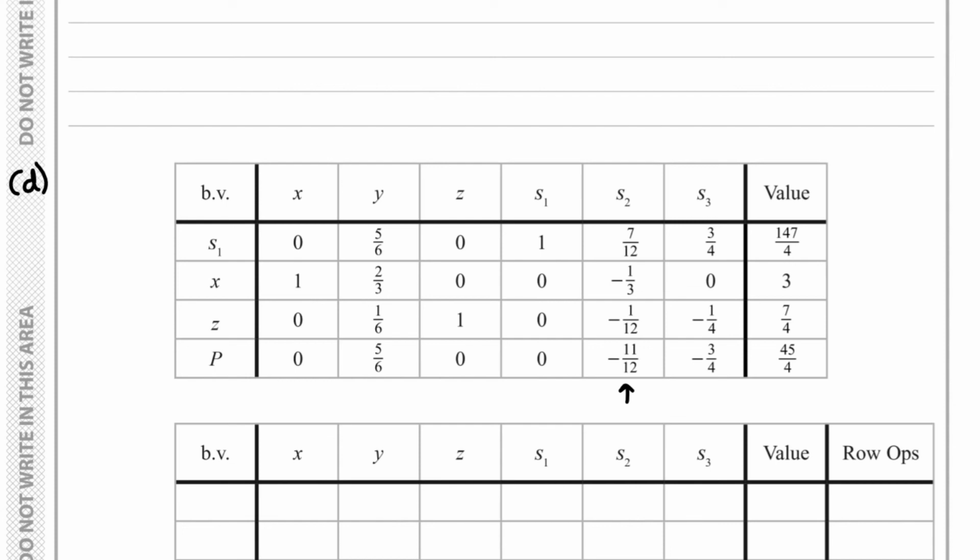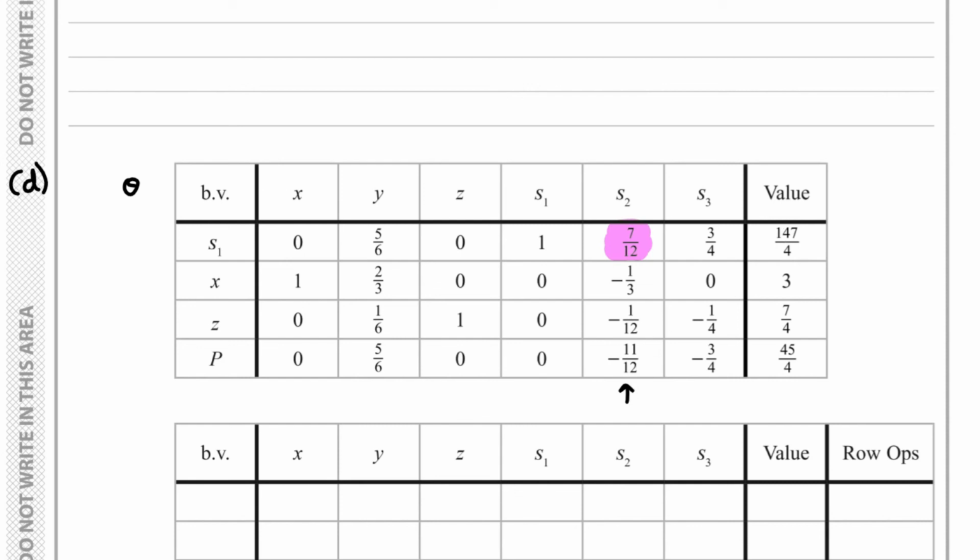Okay, so this here will be the pivot because when we come to work out the theta values, here we do value divided by the values in the pivot column, and you'd find here we get negative values.